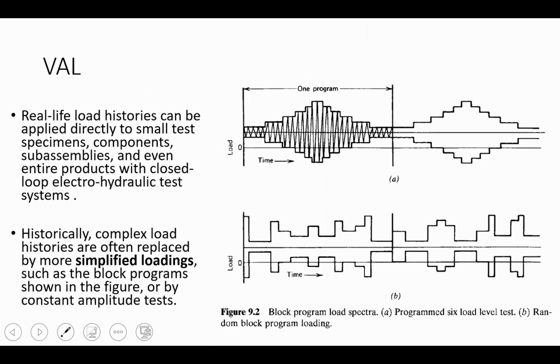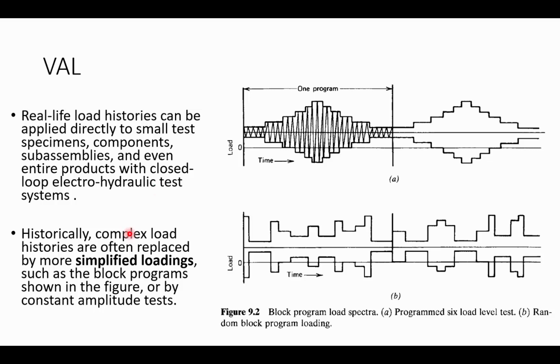Real load histories can be applied to small test specimens and components and subassemblies, or even all the way up to full products by using a closed loop, a servo hydraulic test machine, and designing very specialized fixtures and such. However, those complex real life loads, sometimes they are too complex. Sometimes they are at too high a frequency for us to apply on a sample.